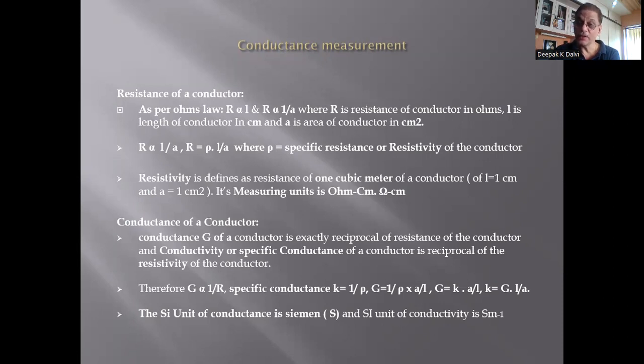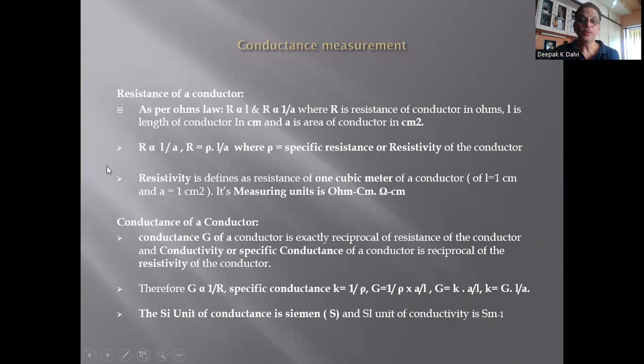If the cross-sectional area of the conductor is more, then resistance is less. If the cross-sectional area of the conductor is less, resistance is more. So this is the characteristic, the dependency of the resistance on the area of the conductor.